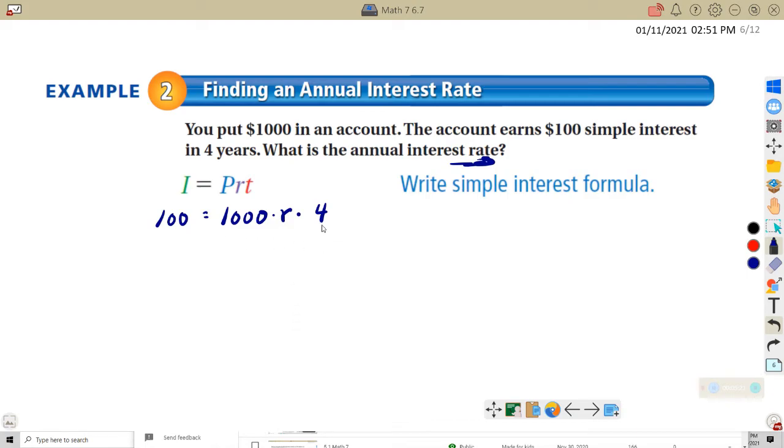Okay, so let's simplify the right side over here. 100 equals 1,000 times 4, which is 4,000, times R. And now I can divide both sides by 4,000.